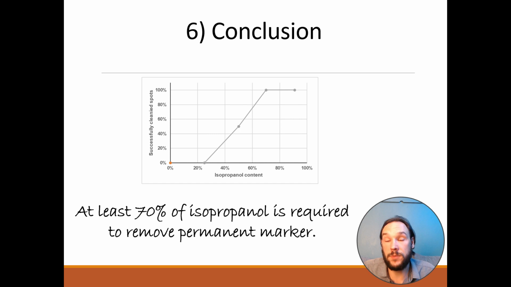Overall, I hope this helped you to understand the scientific method. We went all the way from finding our problem and asking our initial questions to doing research on the problem, finding out about solvents, and getting an idea and forming our hypothesis. Then we came up with an experiment that had our independent and dependent variables, as well as defined standardized variables.